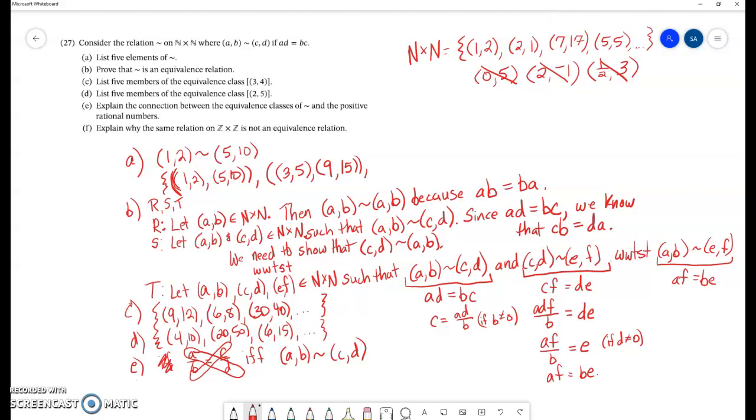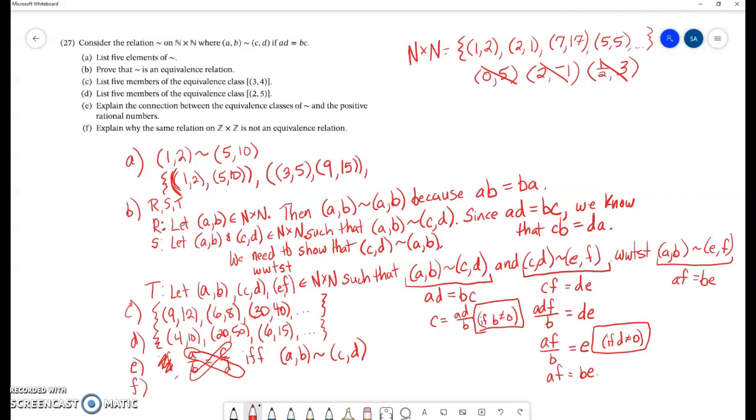On F, the reason that it doesn't hold if we allow the numbers to be coming from the integers is precisely because of these two claims here. So in order for the transitive step, now these two steps I think would work out. Yeah, the reflexive and symmetric would work out for Z cross Z. But as soon as we try to do something where b is 0.